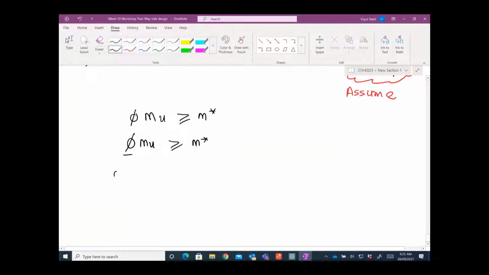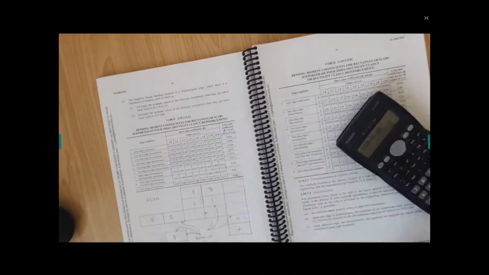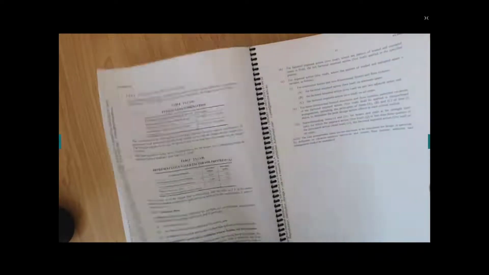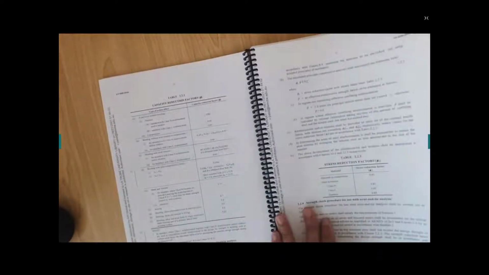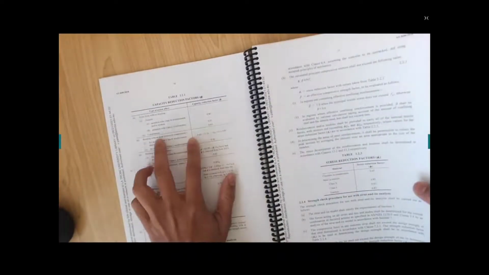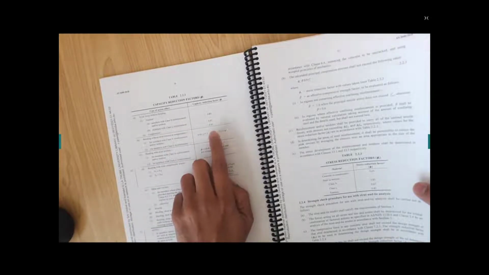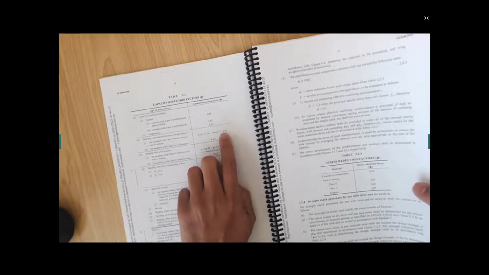This phi is 0.9 or 0.85, I believe 0.85. If you go to the capacity factor table, here you go, 0.85 for bending, because we have ductility here, Ku is satisfied, so we are using 0.85.